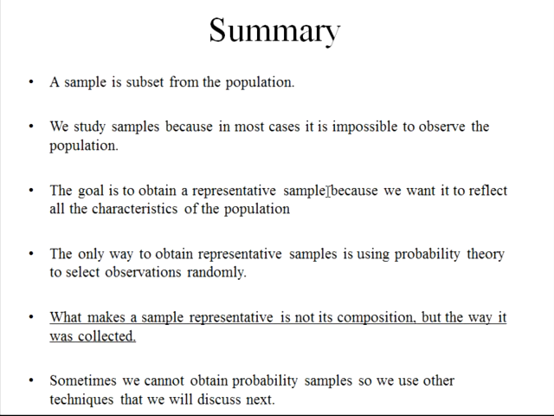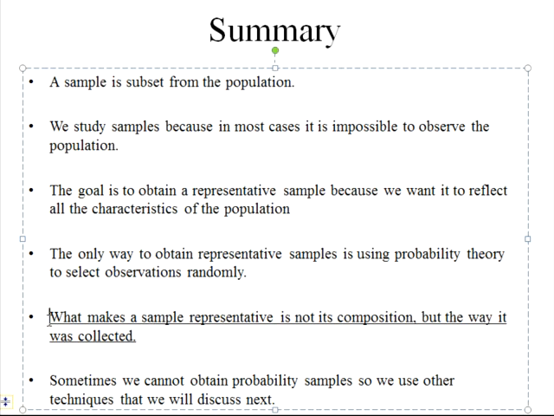The only way to avoid introducing bias in the selection is to use probability theory, which helps us select a sample randomly from the population. This is key. What makes a sample representative is not its composition, but the way it was collected.